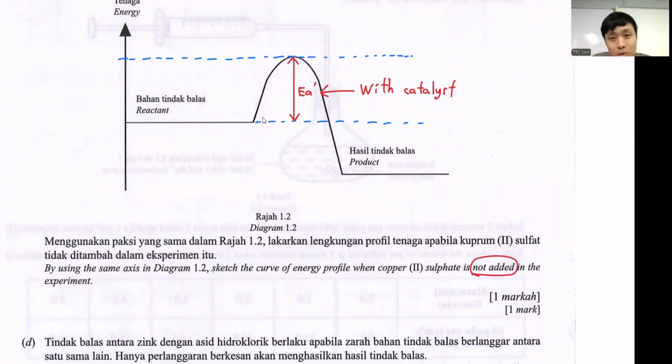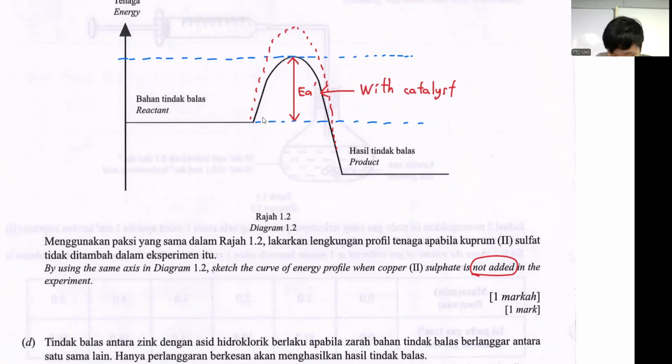But it's best for you to label. You can assume this is with the catalyst or this is without catalyst, but doesn't matter. You label. So without catalyst, normally you have higher activation energy. Normally we will have higher activation energy.